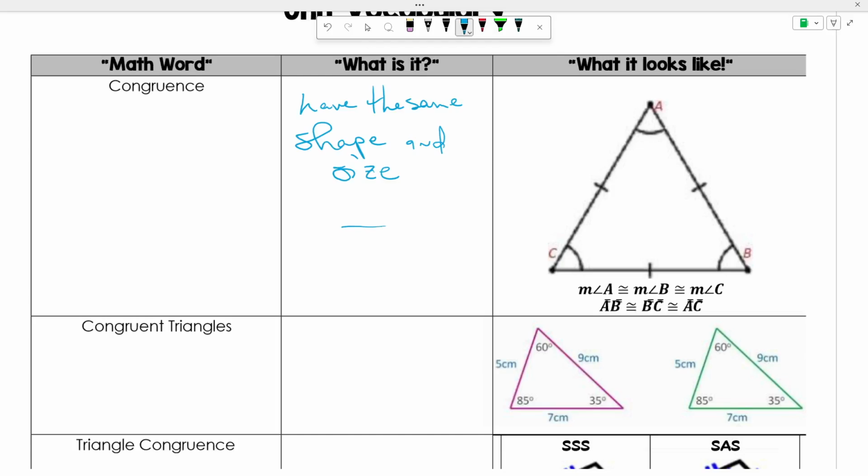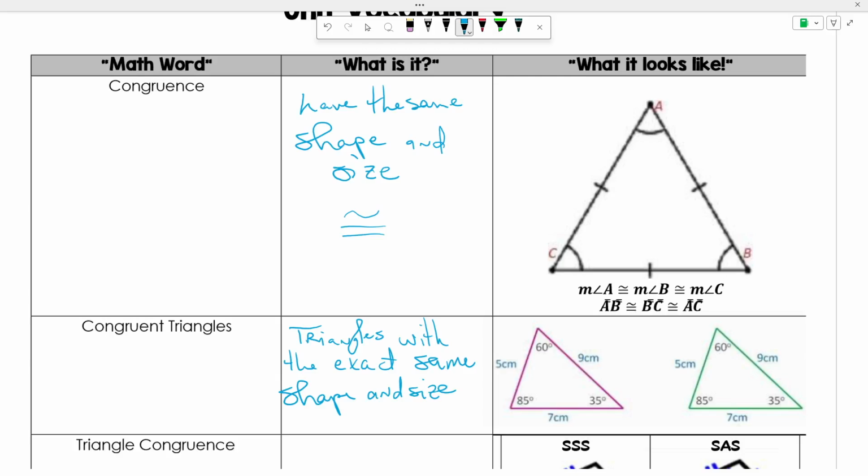Our congruent symbol looks like this, an equal sign with a tilde on top. Congruent triangles are triangles with the exact same shape and size, like the examples we have right here at the right.